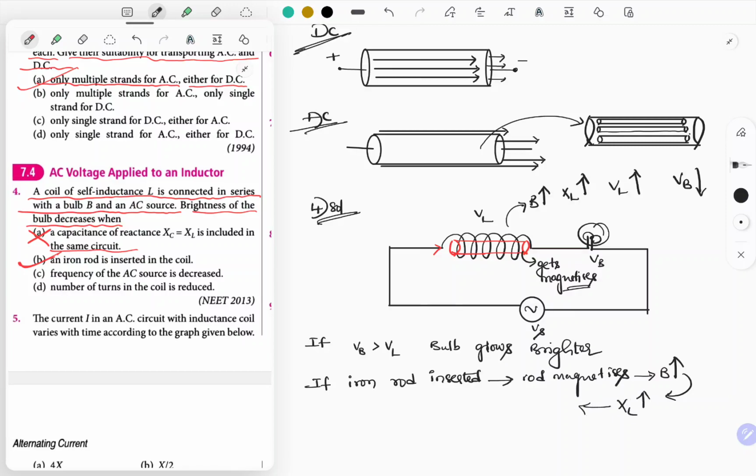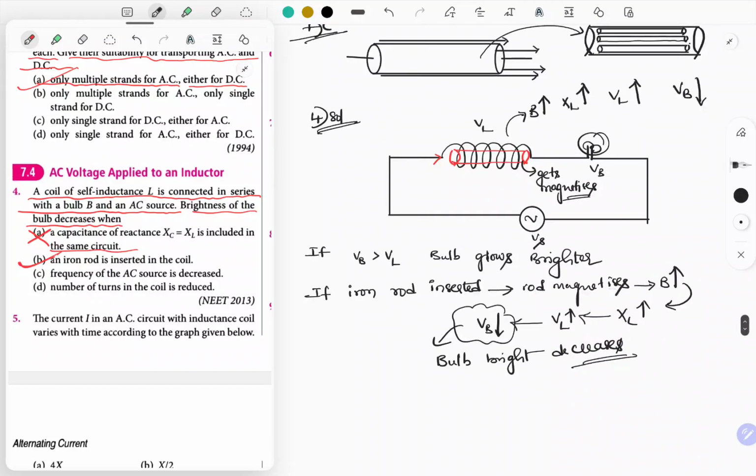Due to the increased inductive reactance, VL increases, which reduces VB. That's why bulb brightness decreases. Got it? So option B is the correct, suitable answer for this question. Understood?